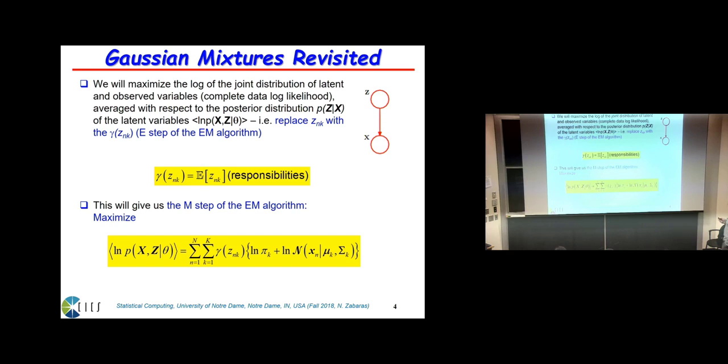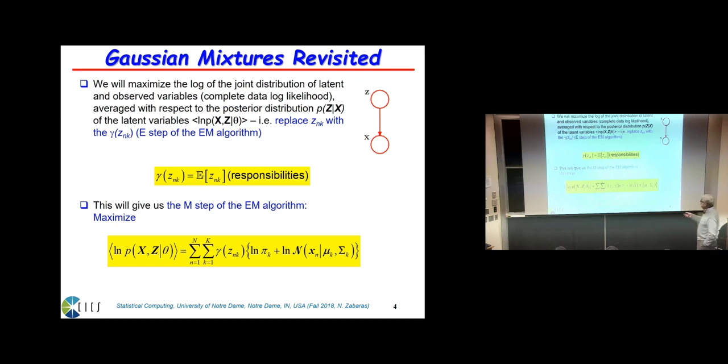Okay. The problem is we don't know Z. So we said, you know what? You don't know Z, so you cannot really compute the joint log likelihood. How about if you work with the expectation of that with respect to the posterior distribution of Z? We don't know Z, so how about if we take an average of that quantity with respect to Z? It comes out that if you take an average of that, effectively the concept of responsibilities comes. The responsibilities are basically the posterior probabilities of each point belonging to one of the generating Gaussians in the mixture.